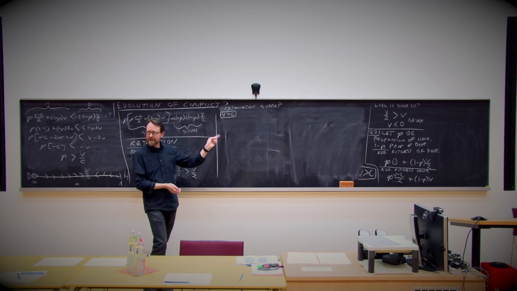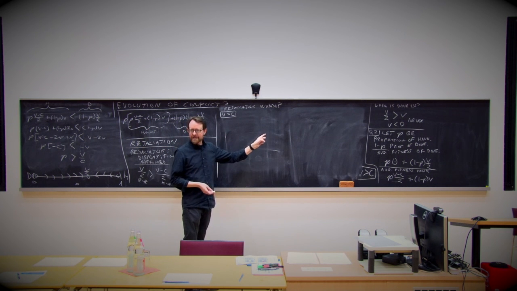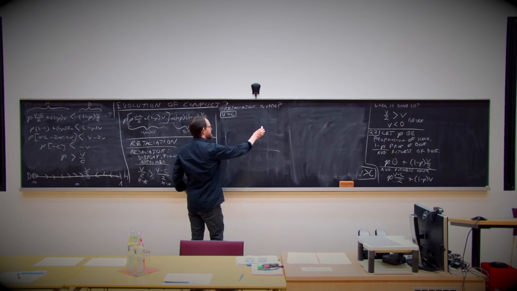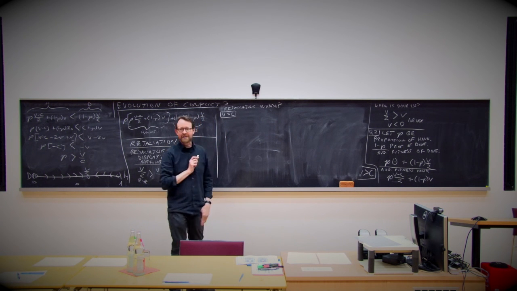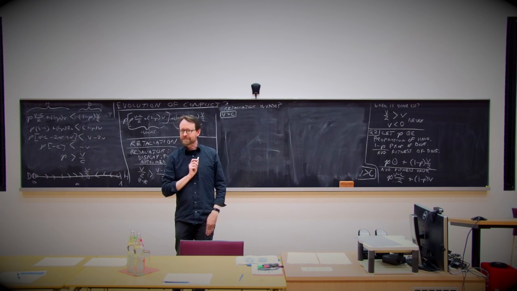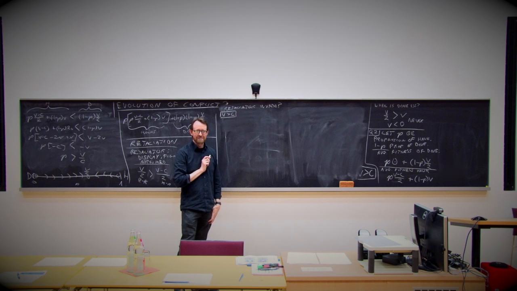You with me? And so we have to ask how a rare retaliator does against common hawks. We know what hawks get, right? V minus C over 2. We need to ask what a rare retaliator gets in a world of hawks. And what does it get? This is not a trick question.